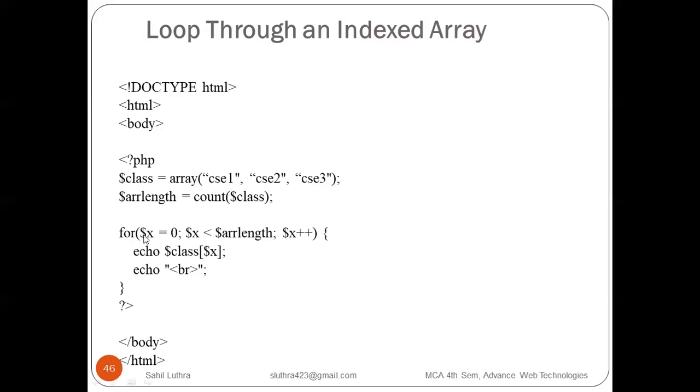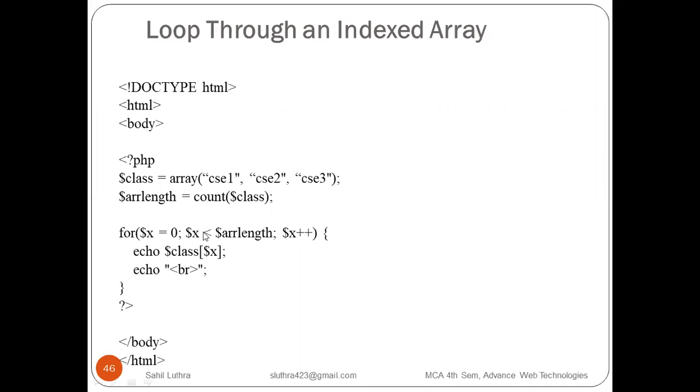After that, we are going to run the loop. So here for, we are going to assign the value $x = 0. After that, $x < $arrlength; semicolon, $x++. Because you know that in the for loop, first of all we have to assign or initialize the value. After that, we have to check the condition.